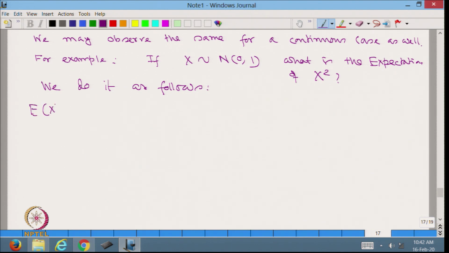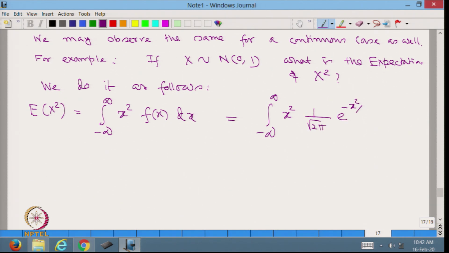Expectation of x square is equal to integral from minus infinity to infinity of x square into f x dx, which is equal to integral from minus infinity to infinity of x square 1 over root 2 pi e to the power minus x square by 2 dx. Now, note that this is an even function.